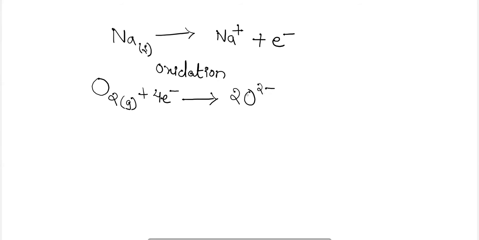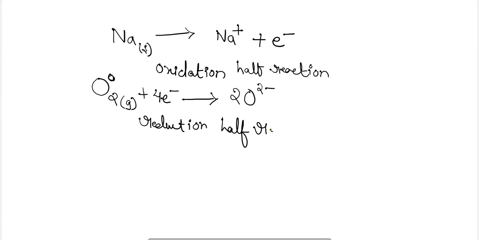Here we observe that the oxidation number, which was 0 for O2, has decreased from 0 to minus 2. So a reduction in the atom's oxidation state is seen here. Therefore this will be the reduction process.